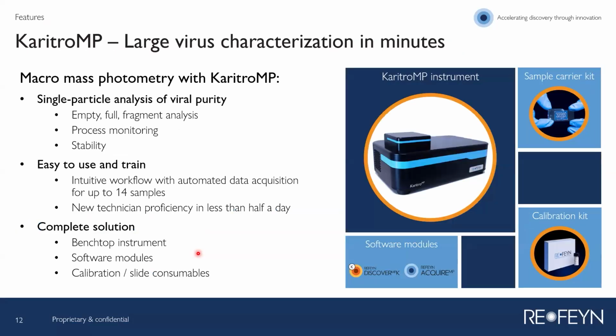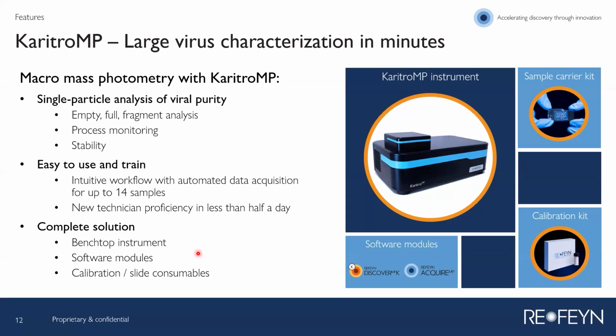Finally, to summarize, mass photometry, or KaritroMP, is a single particle analysis tool, and here we've shown its reliability in being adopted to measure empty full fragment analysis, to help support process monitoring by being adapted at a very early stage of the process, and finally for stability measurements for your viral vectors.